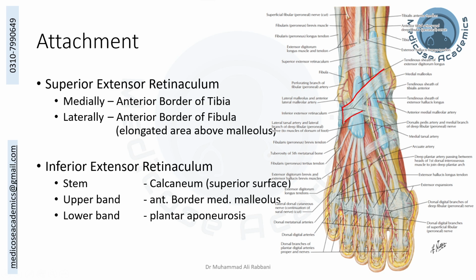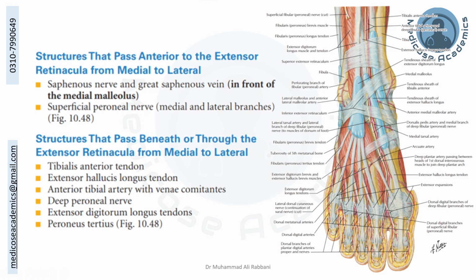The upper band gets attached to the medial malleolus of the tibia, and the lower band goes and wraps around the foot and goes to the undersurface, gets attached to the plantar aponeurosis, thus attaching it to the calcaneum indirectly.